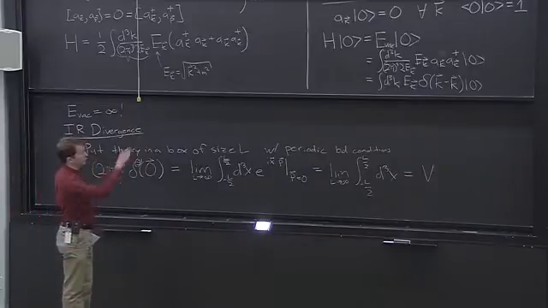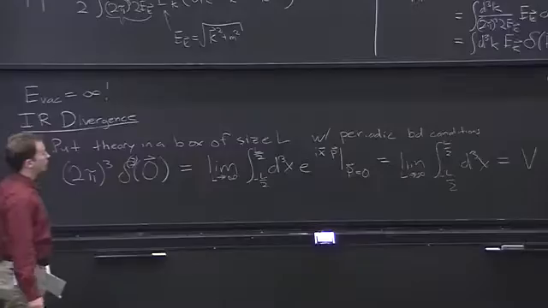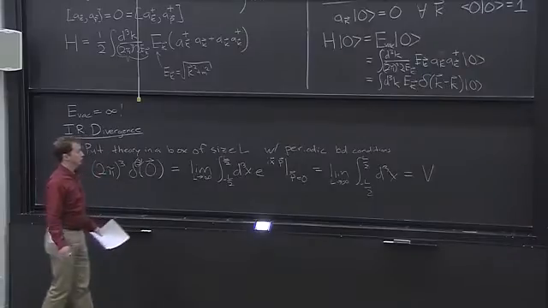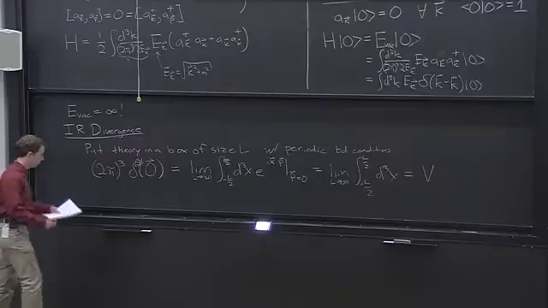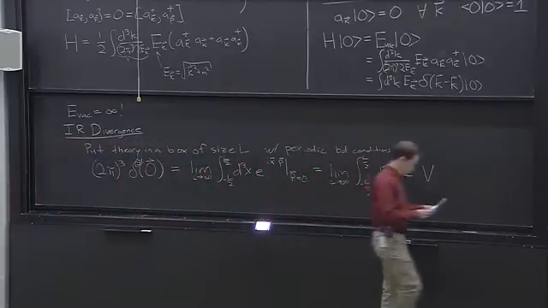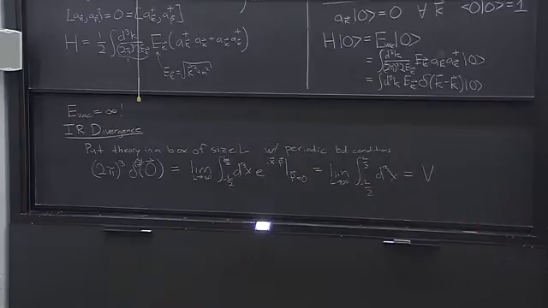So the only way we would get something finite, if space is infinite, is if the energy density was 0. So we asked kind of a bad question here. So let's compute the energy density.